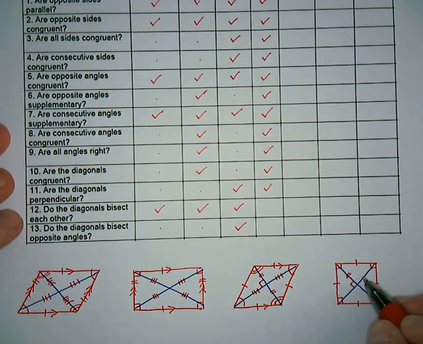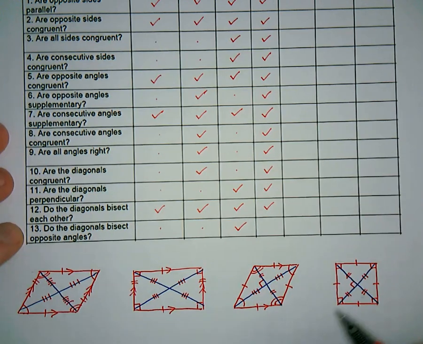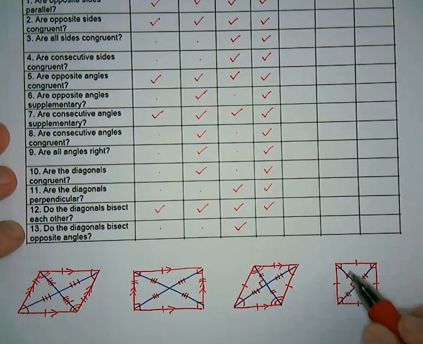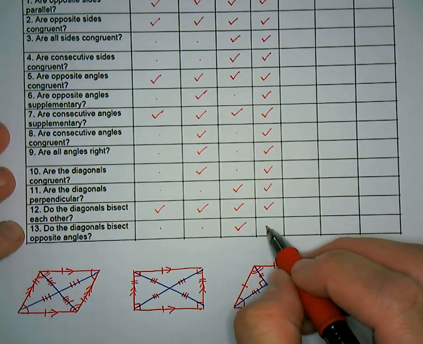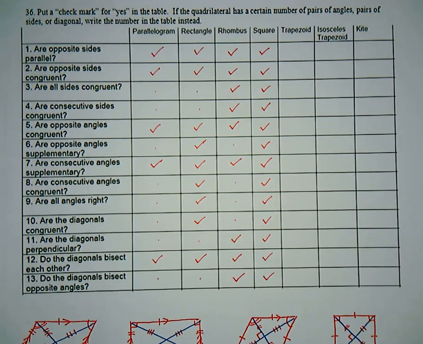They do. Matter of fact, all of these diagonals will be the same length as each other. And the angles get bisected too, because these end up being 45, 45, 90s. So 45 and 45 add up to 90, so it cuts it in half. Okay, so that's a nice thing about a square. It kind of, well, checks all the boxes, so to speak.